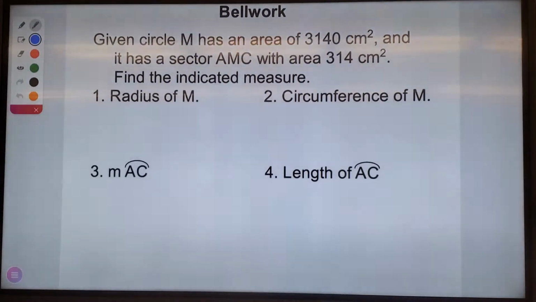So bell work wise, given circle M has an area of 3,140 centimeters squared and a sector AMC with area of 314 centimeters squared, find the indicated measures, okay? So again, we're gonna go back and pay attention to all those different equations that we've talked about throughout this entire unit.